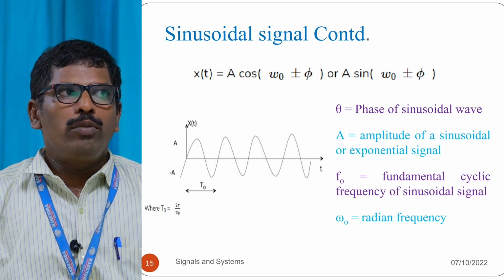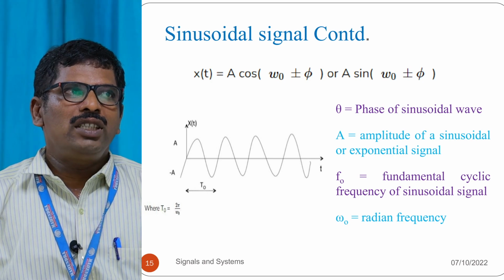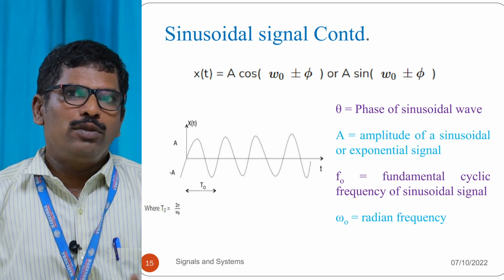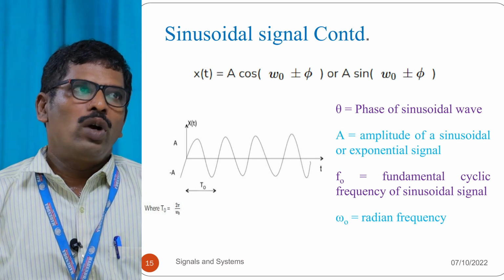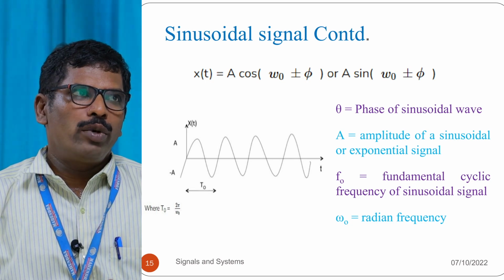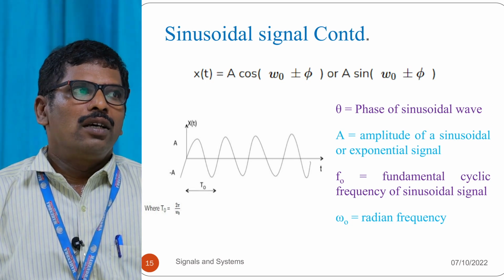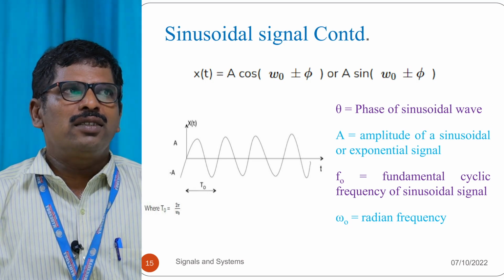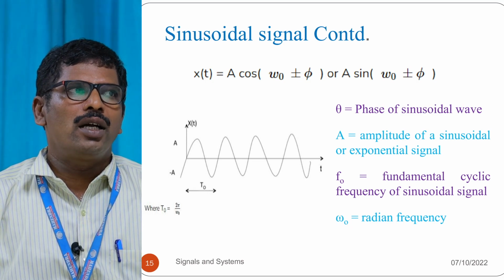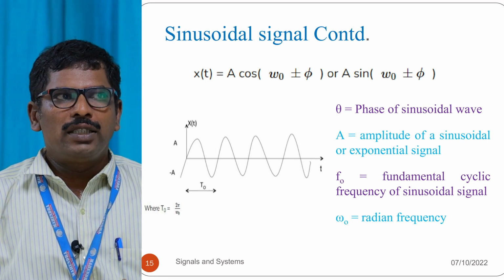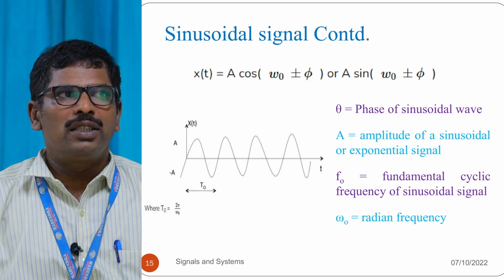Here A is my amplitude, omega is my frequency and phi is my phase. What does phase mean? It is a delay. Simply, it tells how much one signal is delayed relative to another. That's the simple idea. We can also represent this signal in radians, where omega naught is equal to 2 pi f naught. F naught is the frequency in hertz.